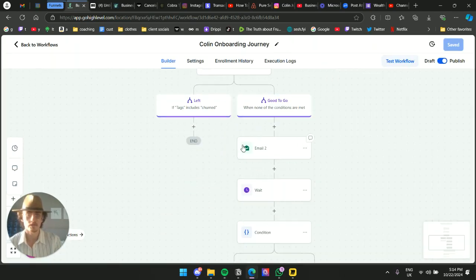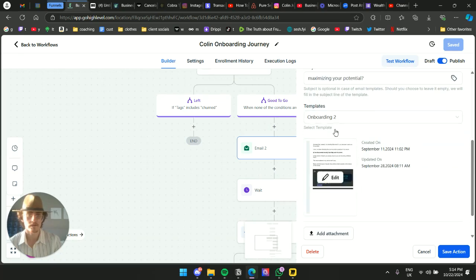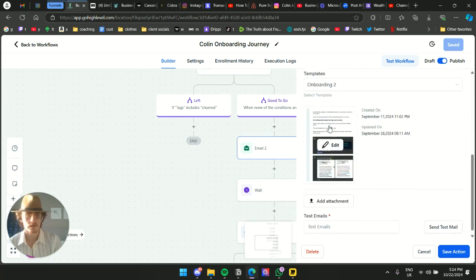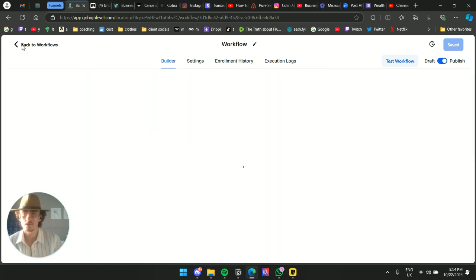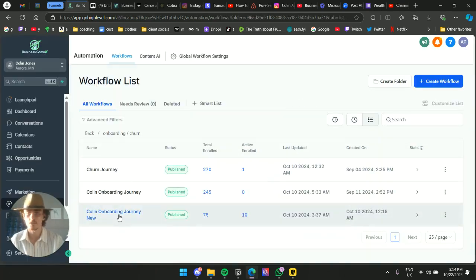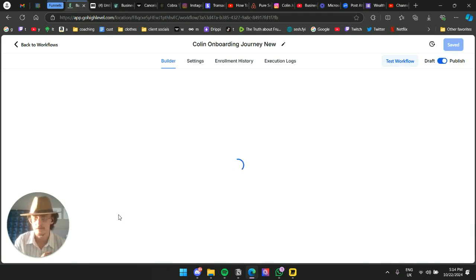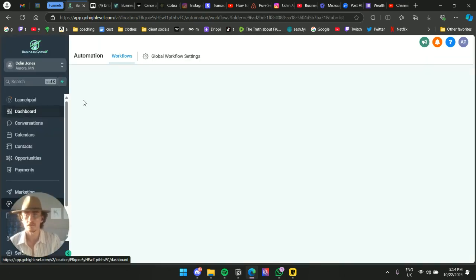And the second email will basically be like, use this, use that, reinforcing their decision by sending them testimonials of people who have had success with the product. We just want to drive up product usage, because people don't pay for stuff they don't use. So we want to have them use it and get value from it. That's the onboarding journey, and that's the goal of it.